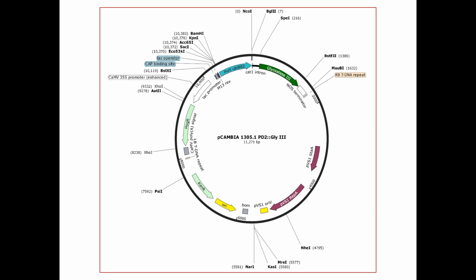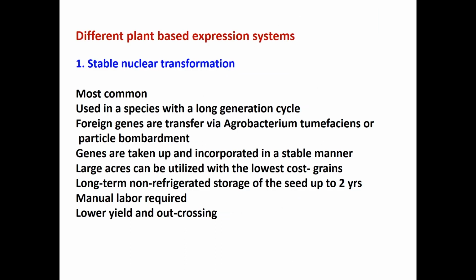This is one example of a plant expression vector. Here I have given the different plant-based expression systems that are available. One is stable nuclear transformation. This is the most common method used for transforming the gene of interest into the plant.